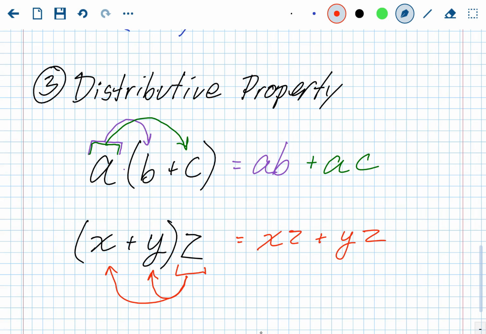So it doesn't matter if the value is in front of the grouping or behind the grouping. It's the same thing because it's still a multiplication. This one's the quantity x plus y times z. Okay? Well, if we need to get rid of the parentheses, but can't simplify, you distribute the z, and now we don't have grouping anymore.